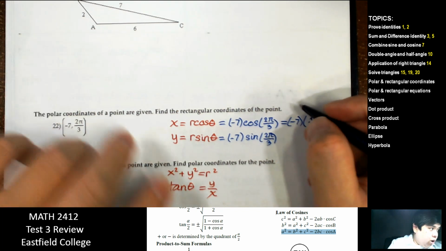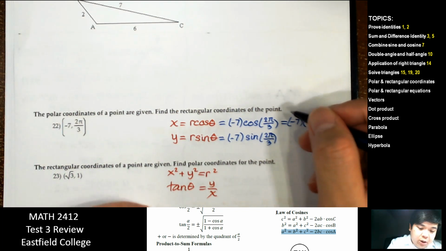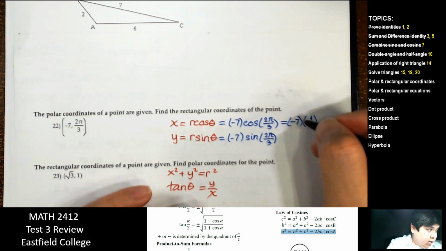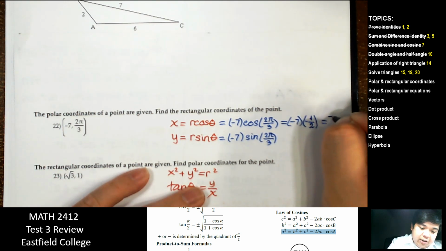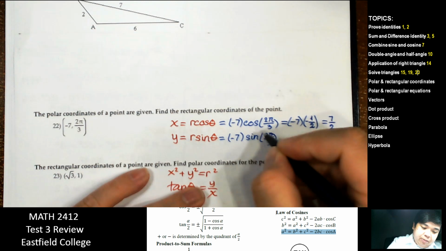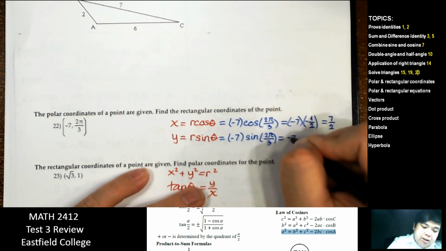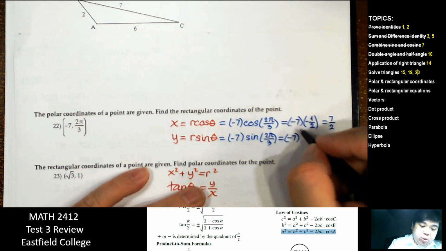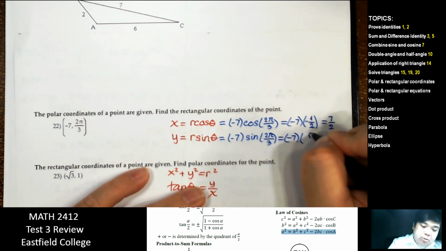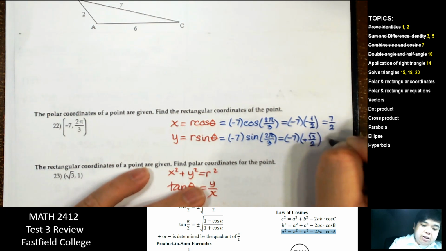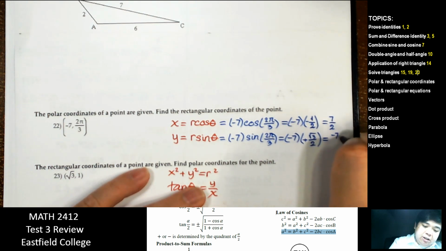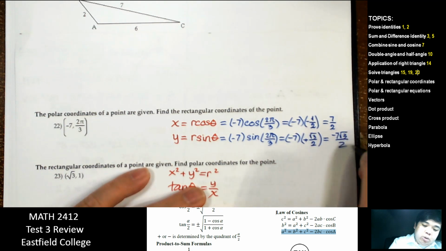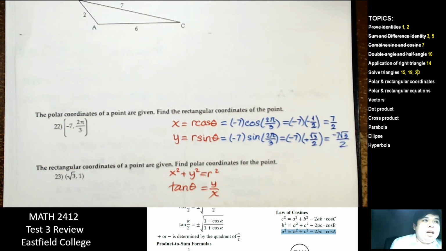In the second quadrant, so that will be negative. So we have 7/2. For sine, 2 pi over 3 is a multiple of pi over 3, and sine is square root 3 over 2, and second quadrant is still positive. So we have x coordinate, y coordinate, just like that.